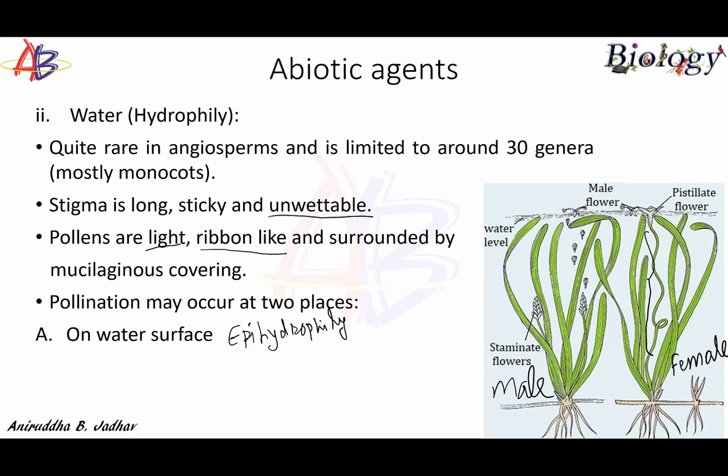Whenever this flower reaches the water surface, it is ready to receive the pollen grains, and the pollen grains released by the male flower reach the stigma of the female flower. Fertilization takes place, and the female flower again gets retracted back below the water surface. This is the example of epihydrophily, which is mainly observed in plants like Vallisneria.